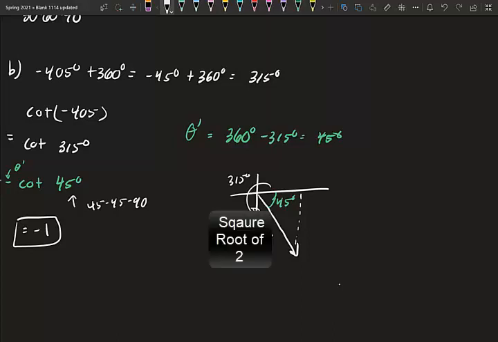Since this is to the right, it's positive 1, and since this is going down, it's negative 1. Cotangent is the opposite of tangent, so it's adjacent over opposite. Adjacent is 1, opposite is negative 1, which gives negative 1. So you could use the chart, or you could use the triangles. It doesn't matter.